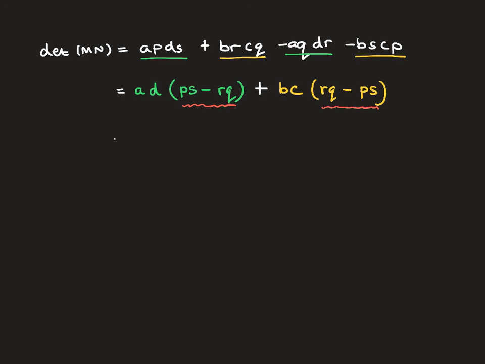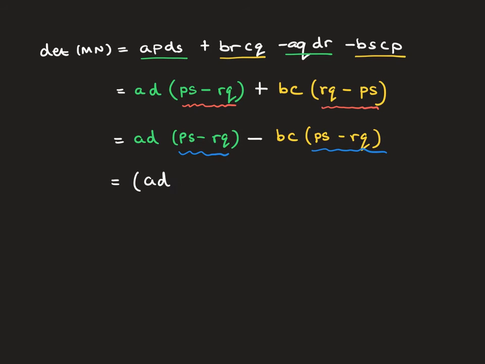So I'm going to rewrite this as AD(PS − RQ), so that stays the same, but I'm going to have a negative here, take a negative out as well. So in the second bracket, this swaps around to give me PS − RQ. Now, I can factorise out this whole linear factor, which then gives me the result (AD − BC) multiplied by (PS − RQ).